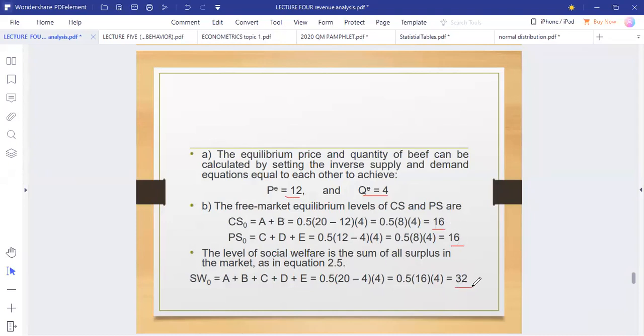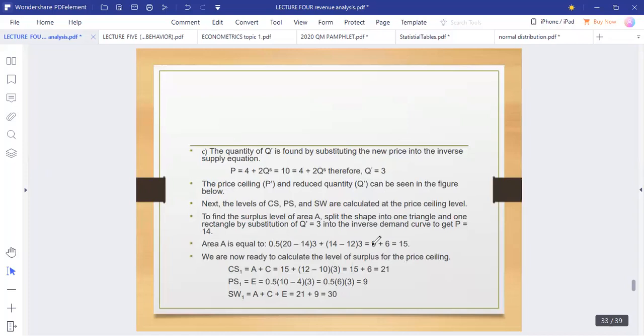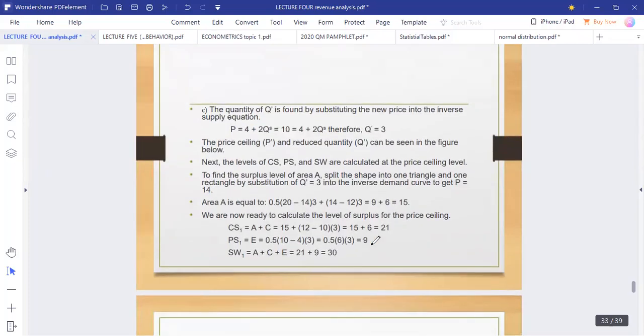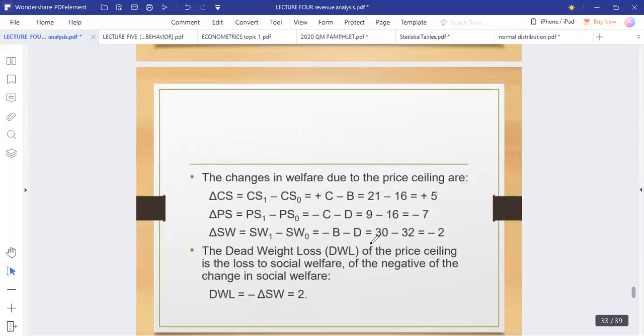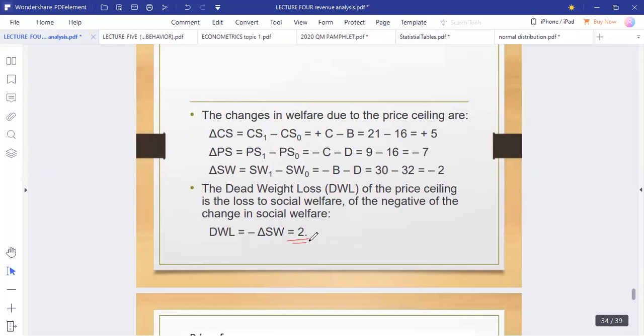Did you find our total surplus as 32? Yes. Then the deadweight loss, did we find it as 2? Yes, we did.